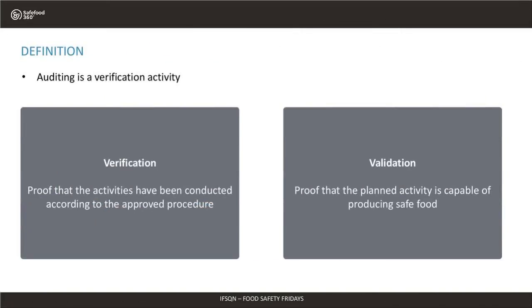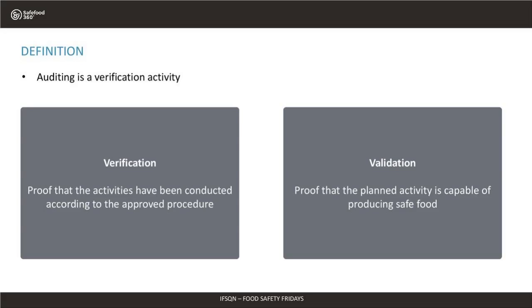What we mean by that is very simple: we are looking for evidence that the activities and the way we do things in the food business to produce safe food are being conducted according to how we say they should be. We're not really asking the question, is it good enough? We're simply looking to answer the question, are we doing it as we said we would?